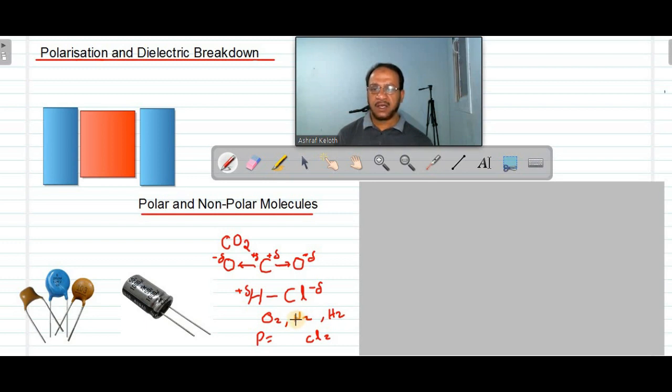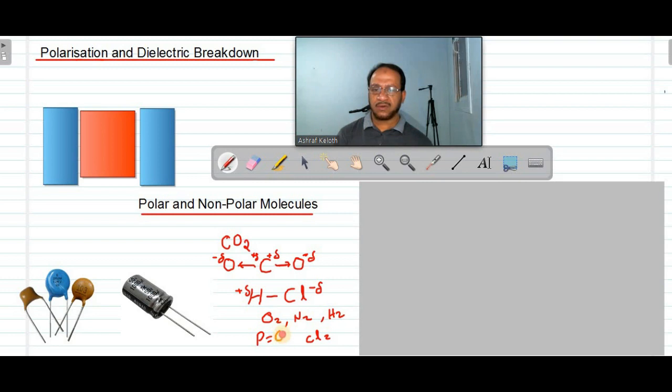Nitrogen has atomic number 7, so the electronic configuration is 2, 5. There are 5 electrons in the outermost shell. It needs 3 more electrons, so it will form 3 bonds with the other nitrogen atom. So there is a triple bond between two nitrogen atoms. In oxygen there is a double bond. In hydrogen there is a single bond. In chlorine there is a single bond. And my question is, what is the dipole moment of all these molecules?